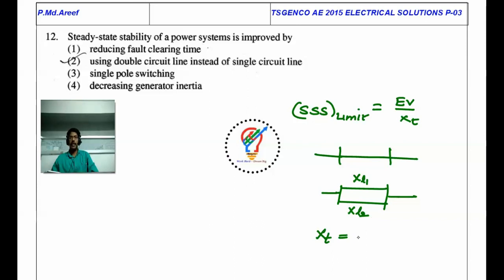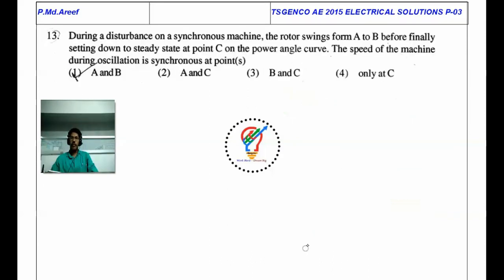As the XT value decreases by using a double circuit line, the steady state stability limit improves. So using a double circuit line instead of a single circuit line will improve the performance of stability.